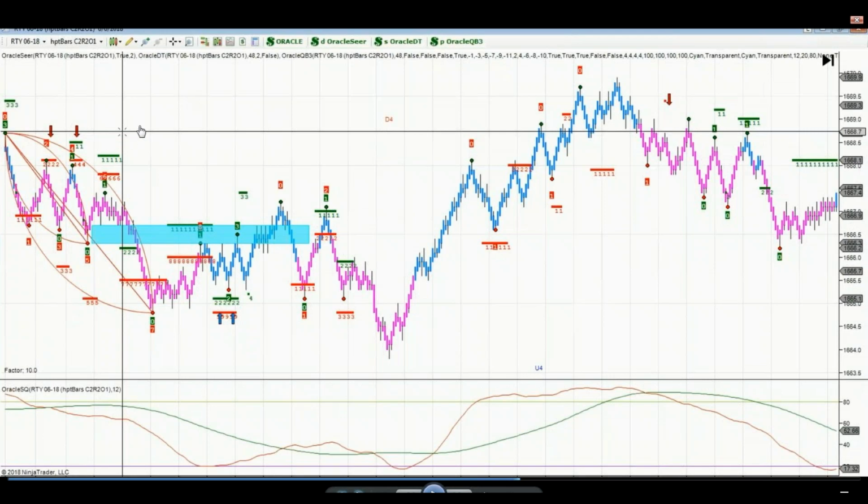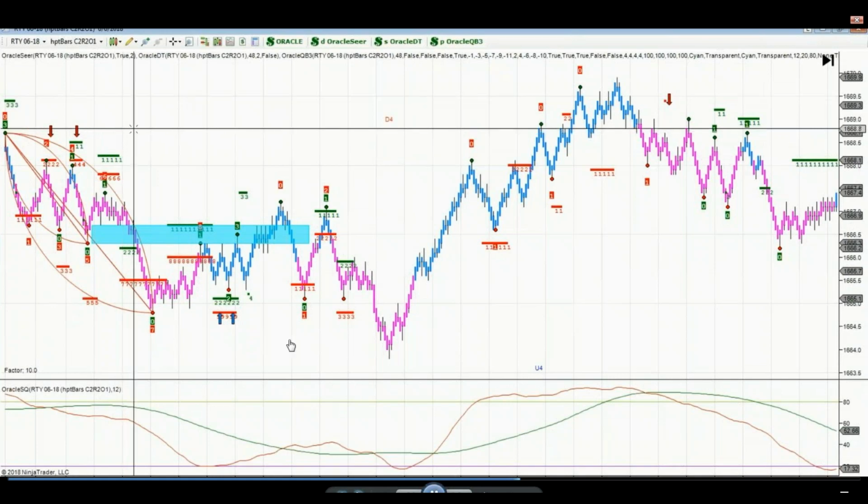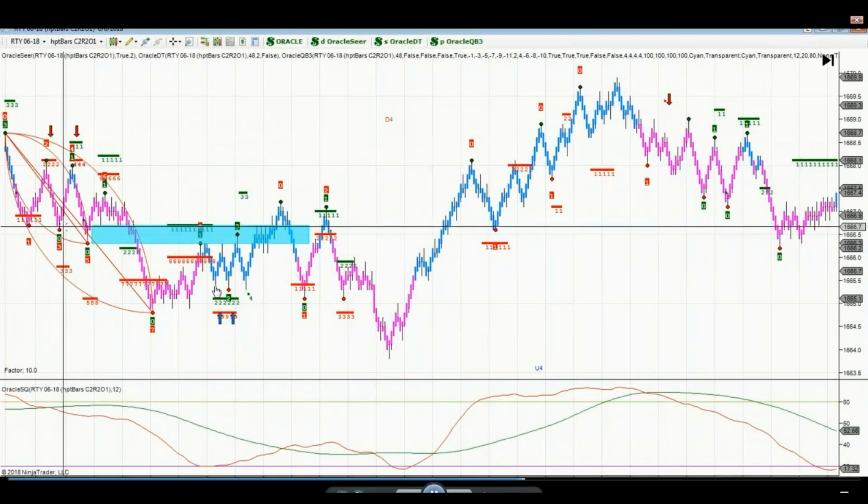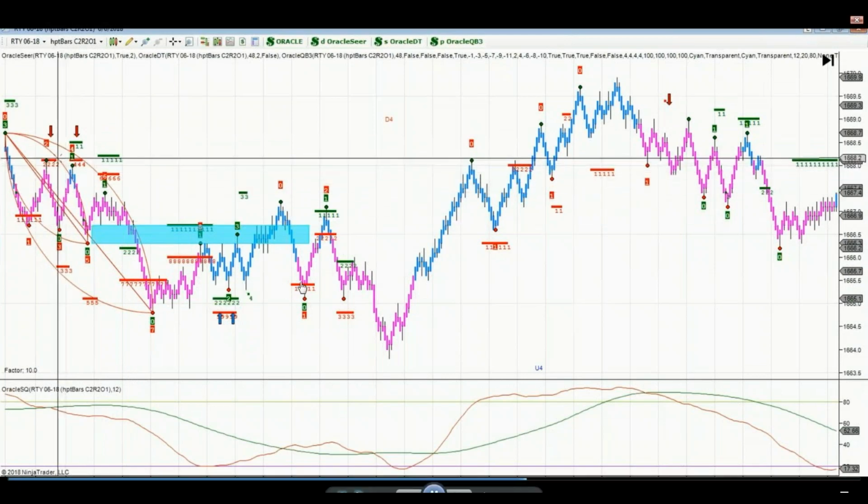Here's another good example of what I was talking about. This was a wave 2 entry here, came up and almost took out the prior swing that we had here, but it was very close on the wave 4. So the wave 4 did catch that. And then it did continue on down to complete, actually in this case, a wave 7 down here.